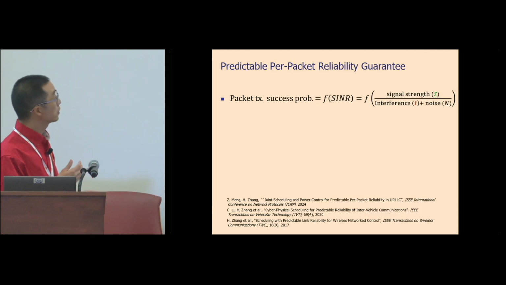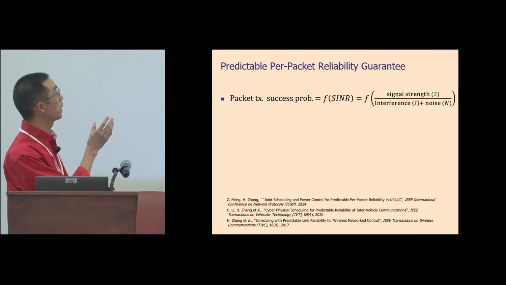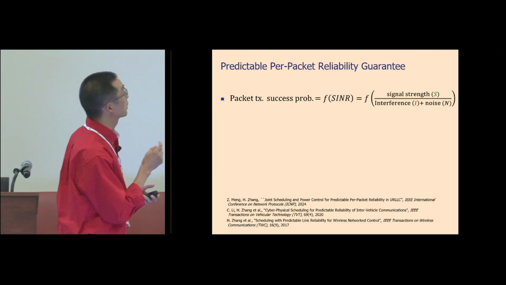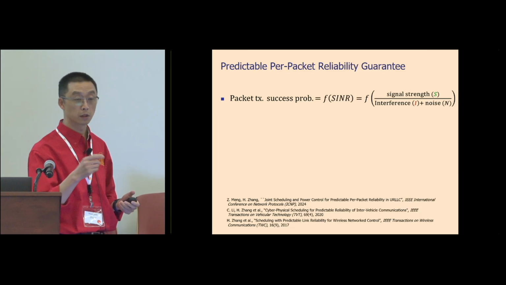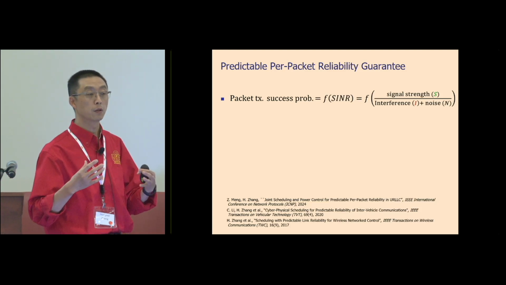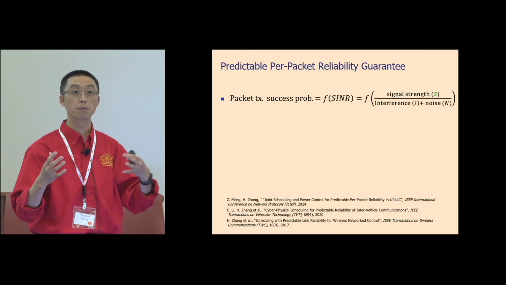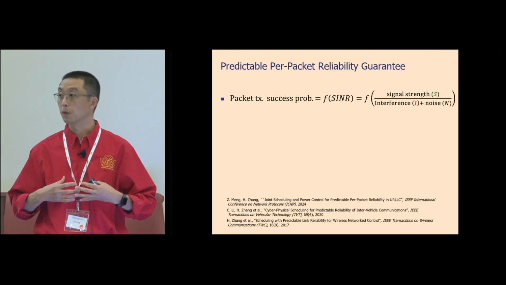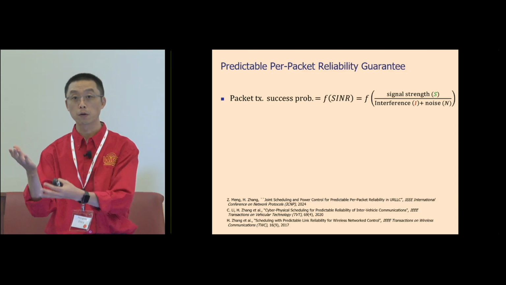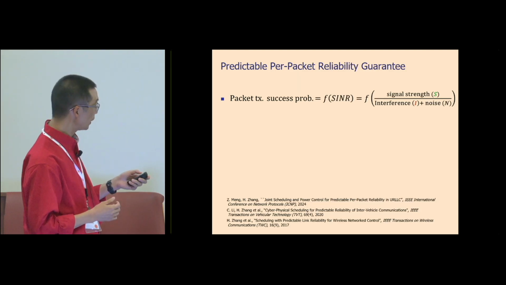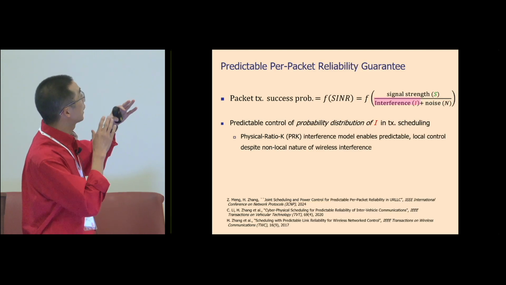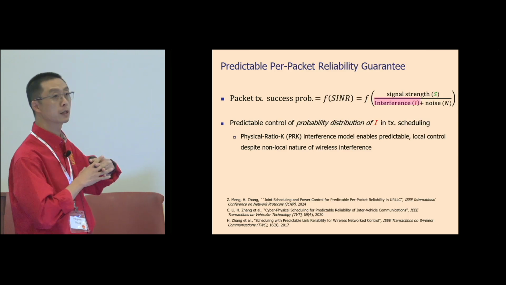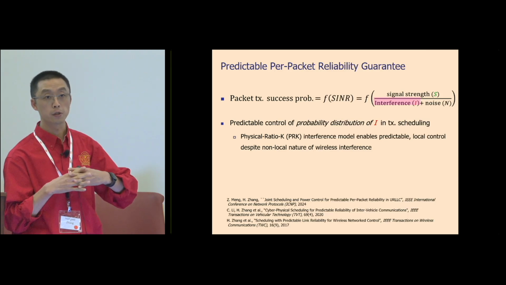Now, to answer this question, what's ultimately impacting the reliability to a great extent is the SINR, the signal to interference plus noise ratio, which basically says that if your signal is strong enough compared to noise, then the signal can be delivered. Just as if I speak louder, much higher than the background noise, you can hear me better, right? So guaranteeing per-packet reliability boils down to guaranteeing the per-packet signal to interference plus noise ratio.